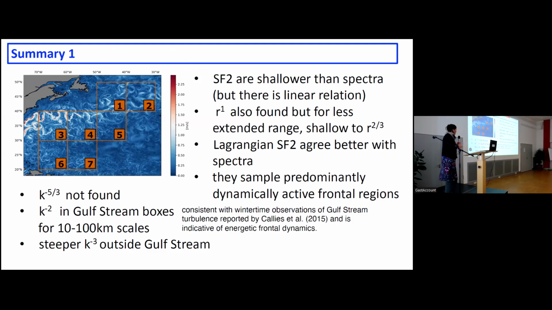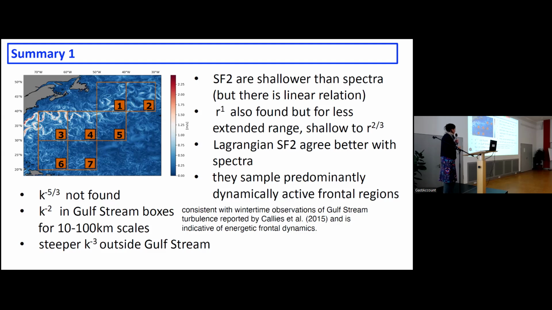Okay, so just to summarize this part, k to the minus 5/3 is not really fine, but we do have a good slope that we can fit, and it's k to the minus 2, basically in these Gulf Stream boxes for 10 to 100 kilometer scales, and then steeper, more k to the minus 3, outside these Gulf Stream boxes.